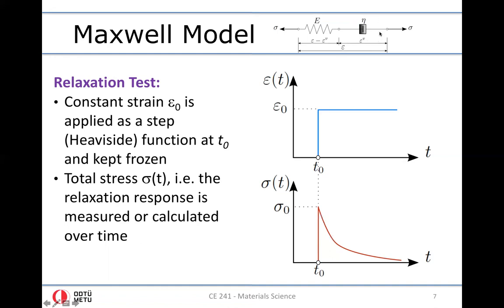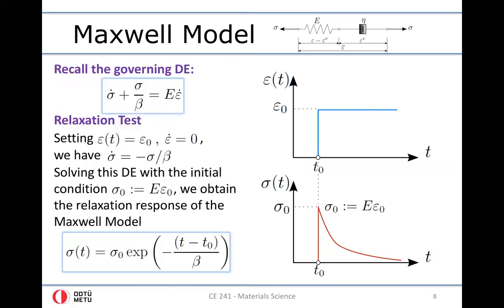Remember, the opening rate of the dashpot, or evolution of the viscous strain, is proportional to the stress. Spring will recoil and the stress will relax. This is typically observed in viscoelastic materials and referred to as the relaxation phenomenon, and this test is referred to as the relaxation experiment.